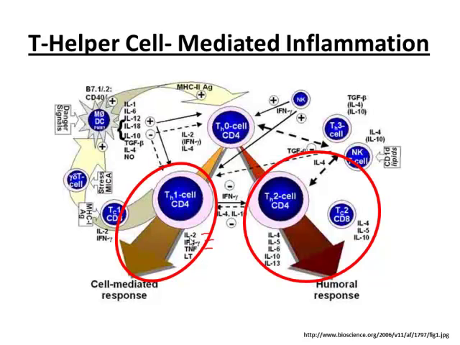I think that's LP for leukotriene. But then that of course is going to cause cell-mediated inflammation responses. And then over here we have the T2 cells, where you get increased interleukin 4, 5, 6, 10, 13, etc. And among other things, you'll also get a humoral response there.